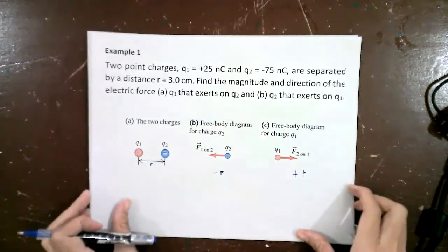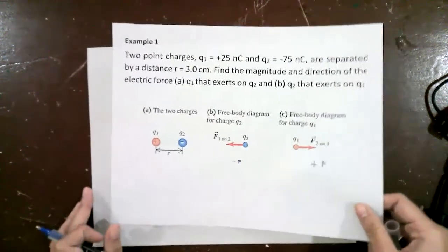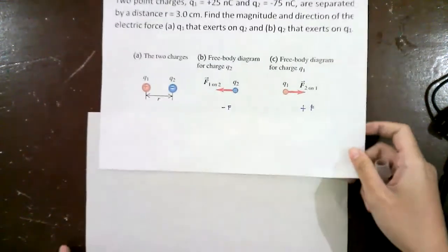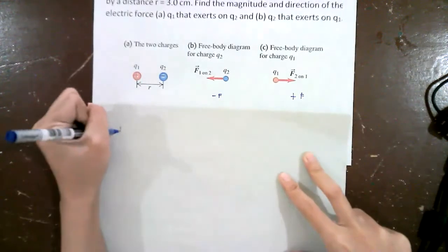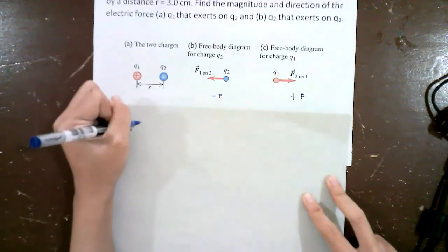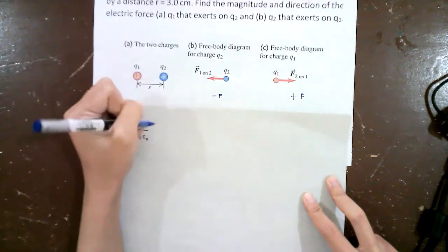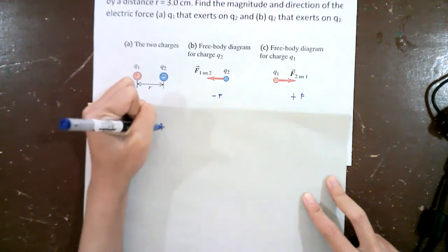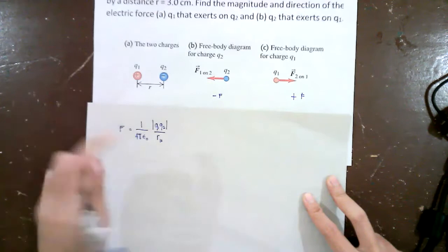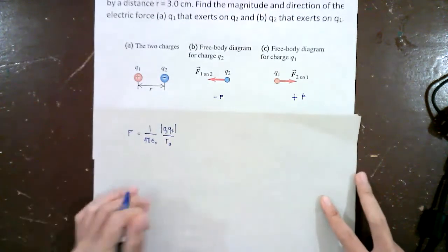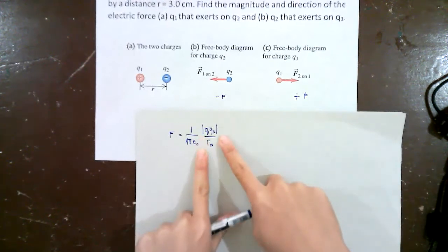Okay? So in solving this, we are going to use Coulomb's law, where F is equal to 1 over 4 pi epsilon naught times Q1 Q2 over R12 squared. This is the absolute value. If you're going to get the magnitude, you have to denote this as an absolute value.